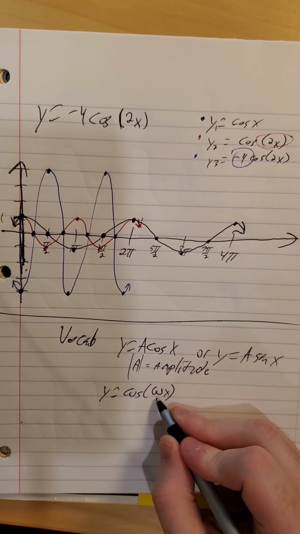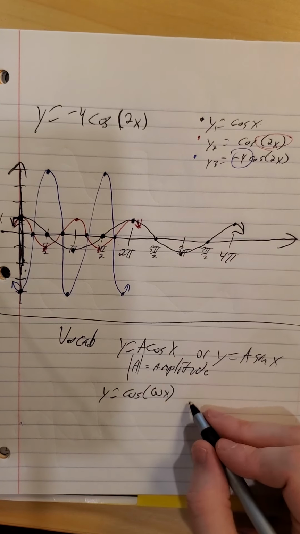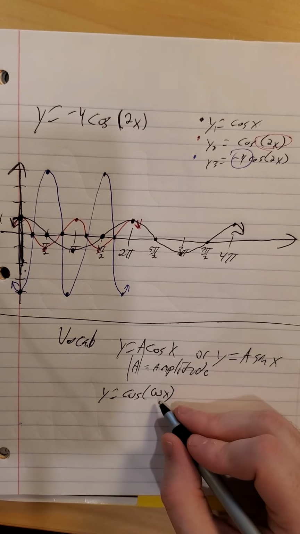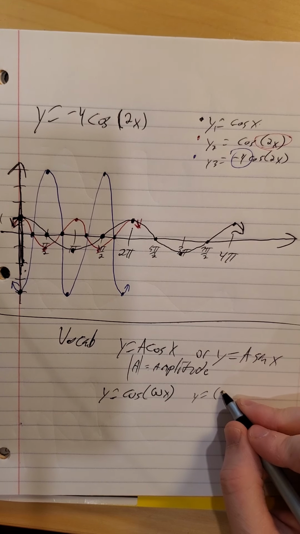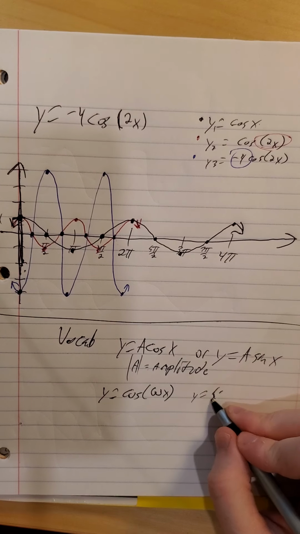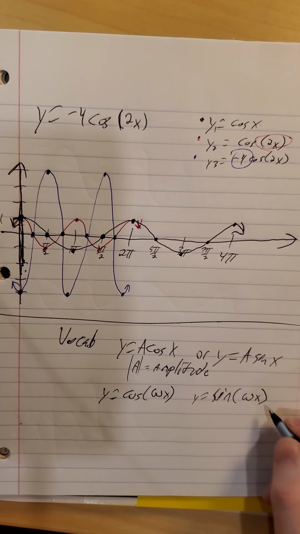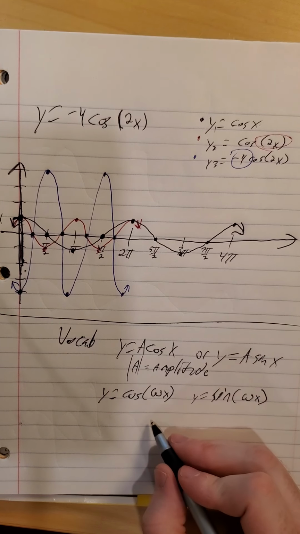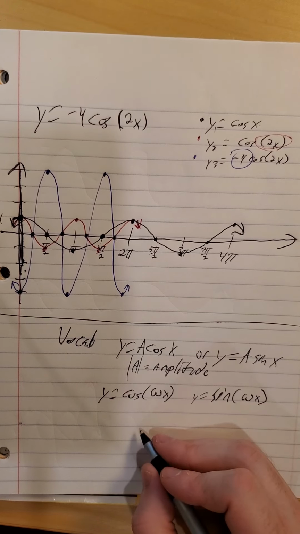That letter there that looks kind of like a curly W is actually a lowercase omega, and that helps us figure out the period.